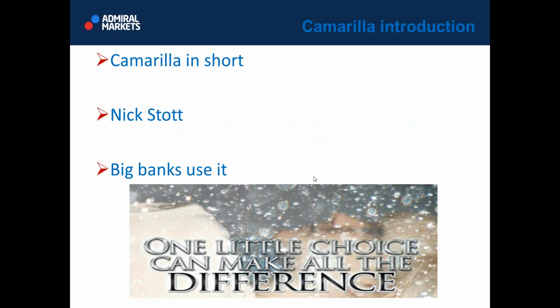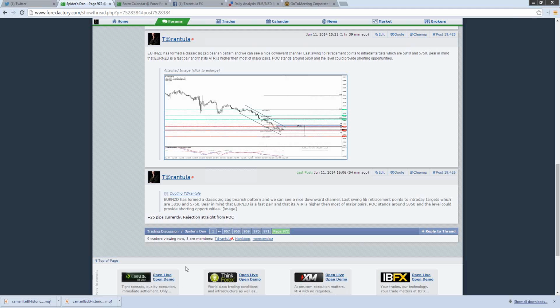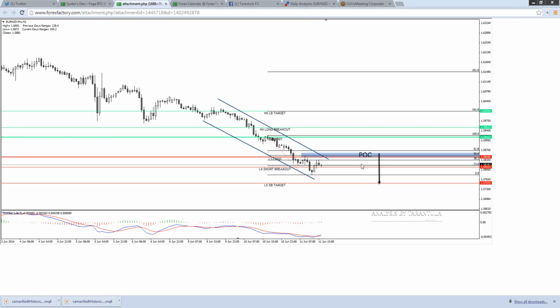So before we start with Camarilla, I need to show you a great trade which we had today on Euro New Zealand dollar. I hope that you have taken the trade. As you can see, the price in the moment while I was writing the analysis was here, and subsequently the price went here to the POC and then dropped to basically 58.10.